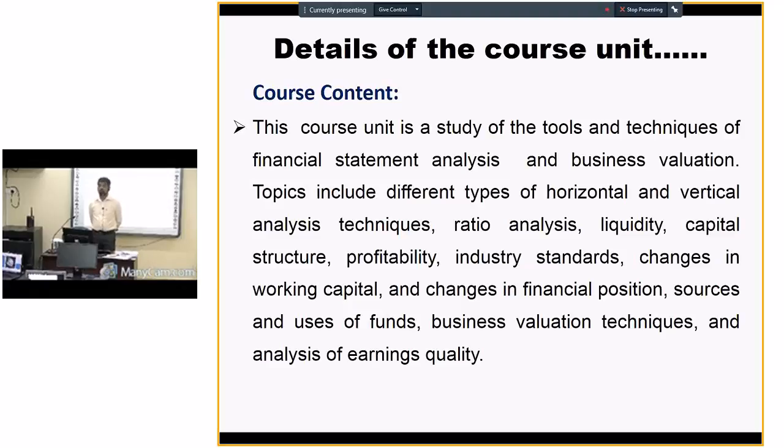As you all know, there are a number of financial statements in an organization. If you think about the annual report, there are a number of components or elements in it. Not only the financial statements, but also the directors' or management report, CSR projects and other details.